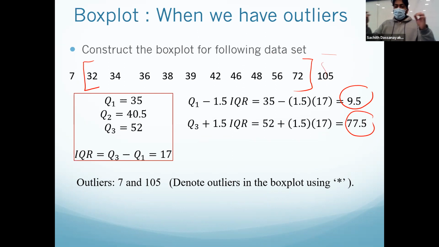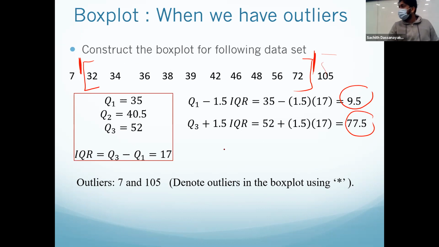So 9.5 is somewhere here, right? And 77.5 somewhere here. Since we are considering that range, we cannot go further. Whatever is outside that range, we consider outliers. So we have to remove the outliers.